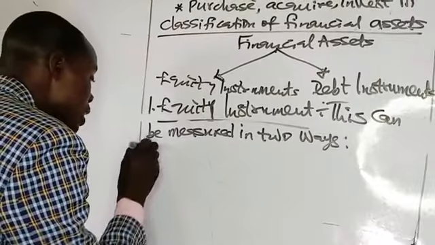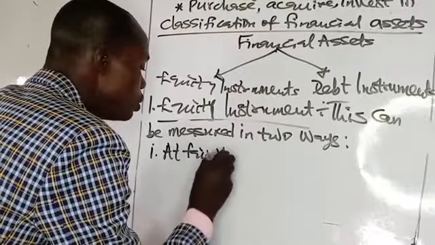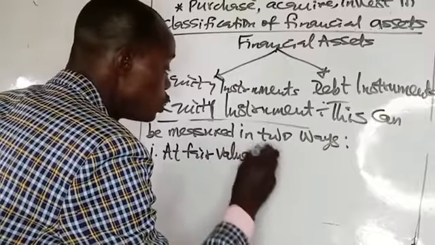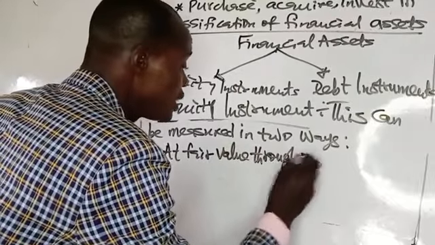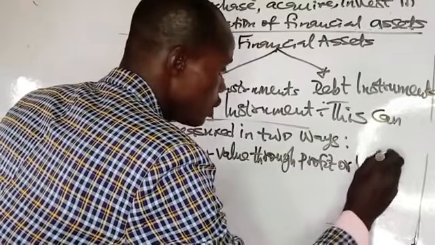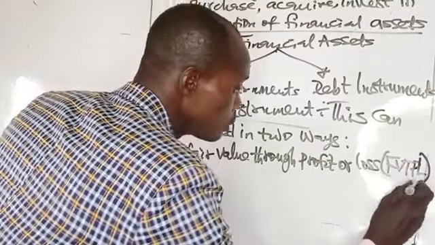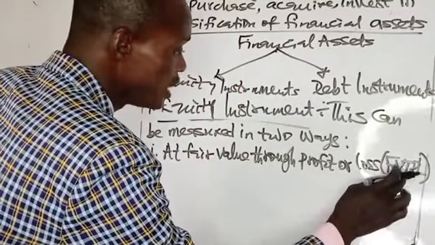Number one, at fair value through profit or loss. The FVPL.